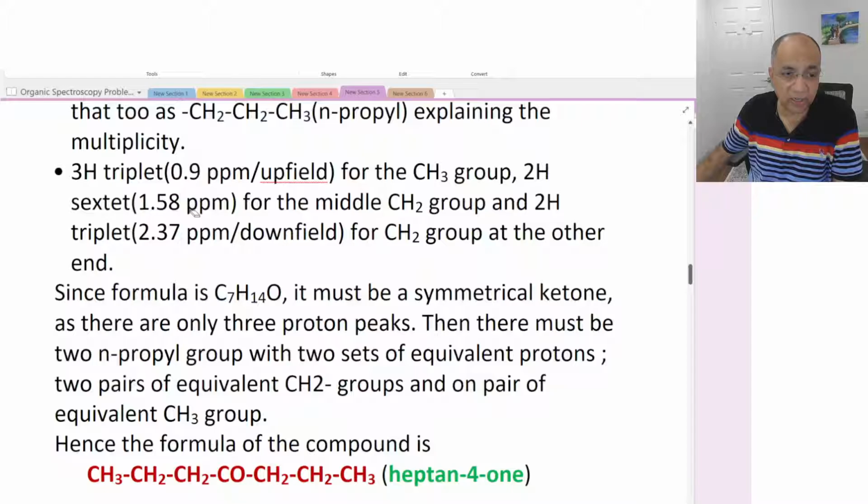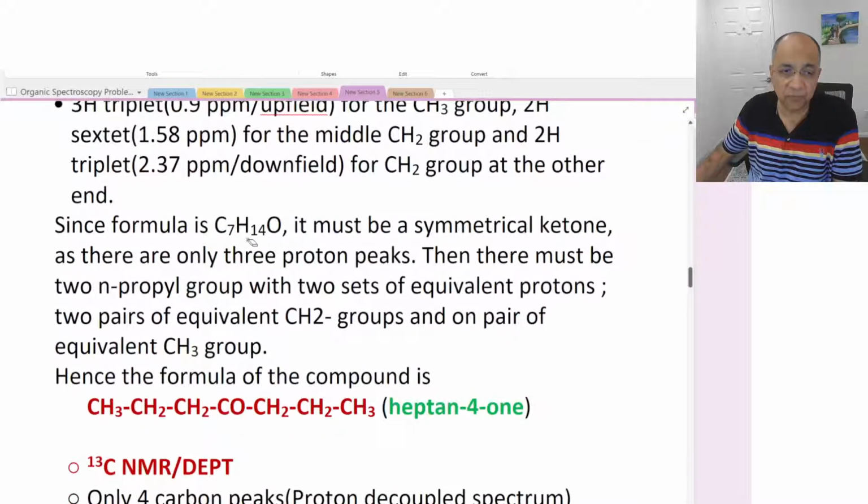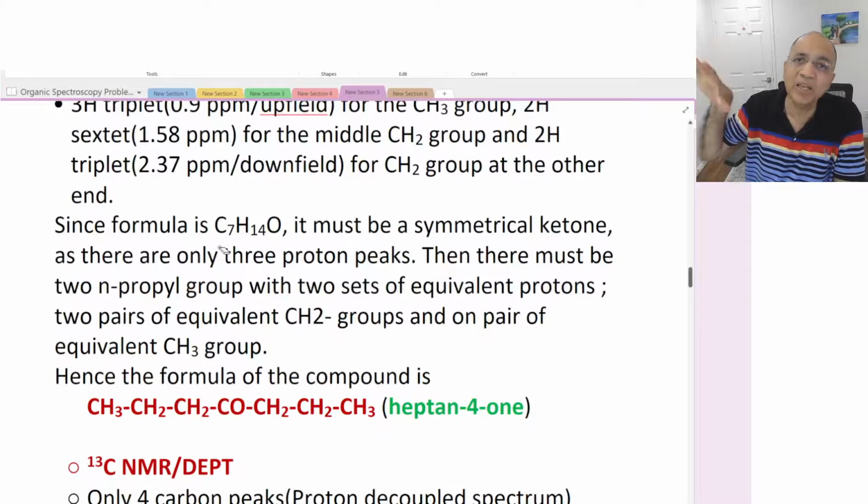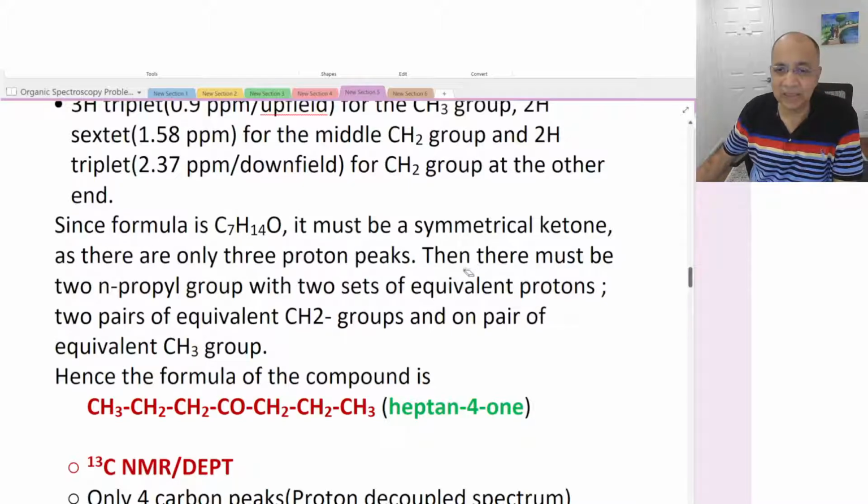The downfield is 2.37, and the formula has double the number of carbon atoms, excluding the carbonyl carbon. So there must be a repetition of the same group, so there must be two N-propyl groups with two sets of equivalent protons: two pairs of equivalent CH2 groups and one pair of equivalent methyl groups.